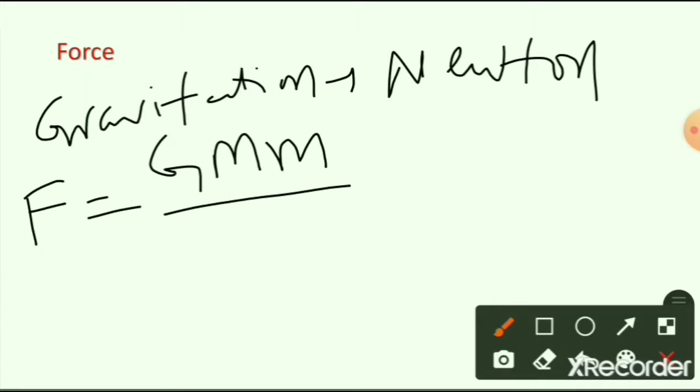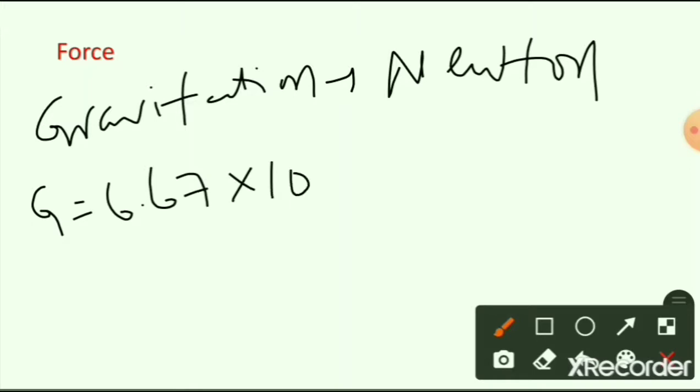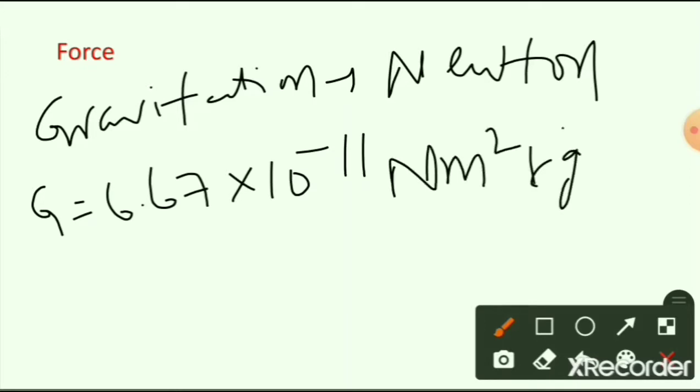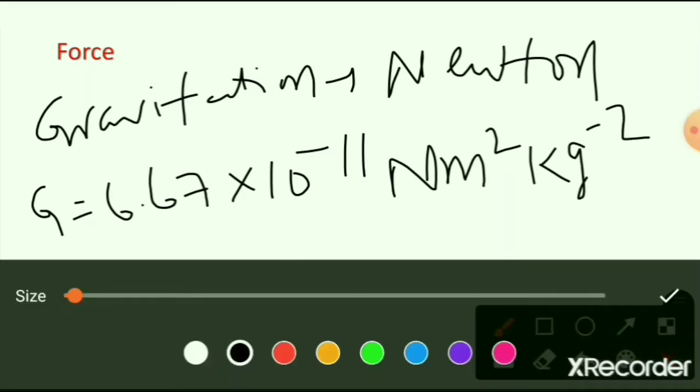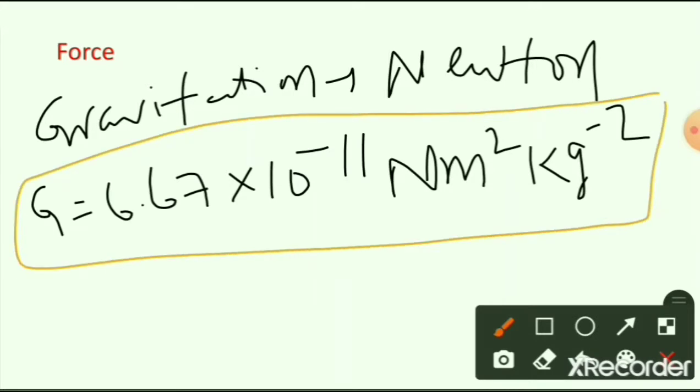G value is 6.67 into 10 power minus 11 Newton meter square kg power minus 2. It was experimentally calculated by Henry Cavendish.